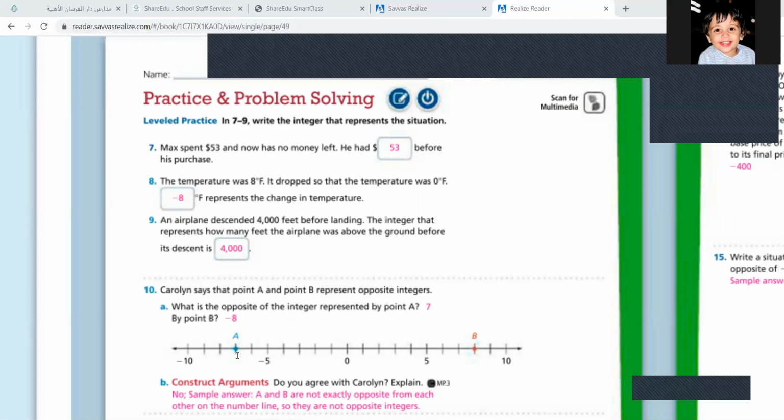Am I going fast, girls, or are you able to understand? Now point B, how will you count? 5, 6, 7, 8. What is the opposite of point B? Minus 8. This is the answer. This is how you do this lesson, the simplest of all, I guess.